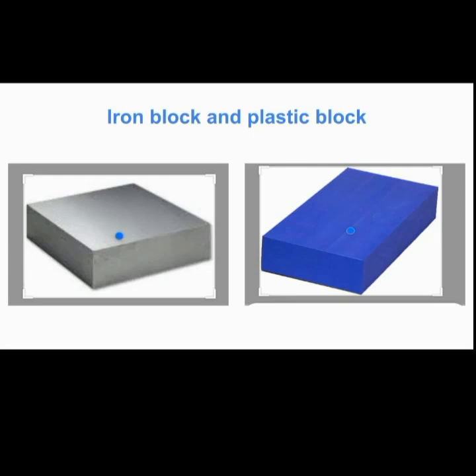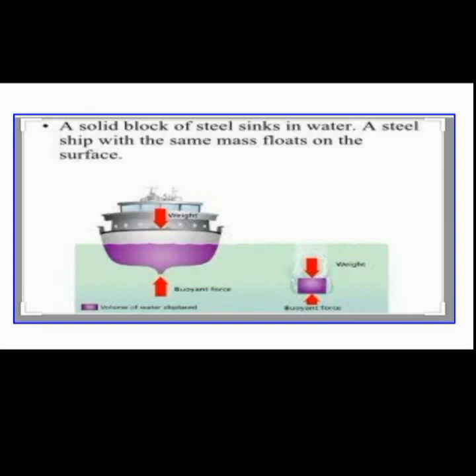Okay, now if we are taking same object of equal mass but of different size or different volume, what will happen? See, we are taking the case of a steel block. If you are taking a steel block and a steel ship, both are made up of equal mass.